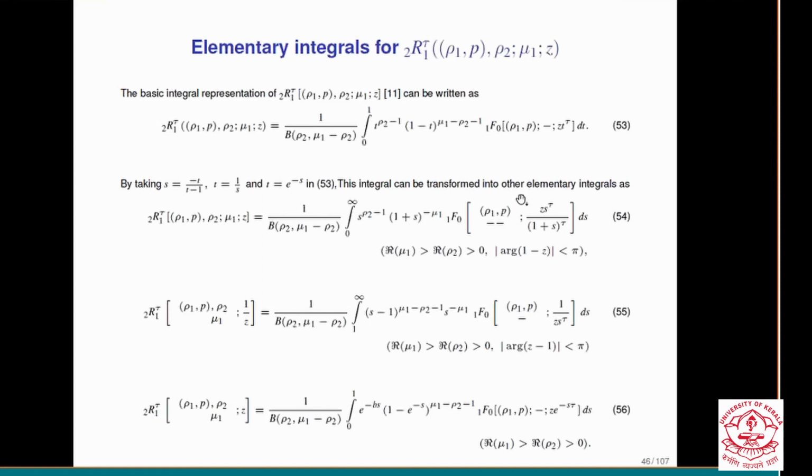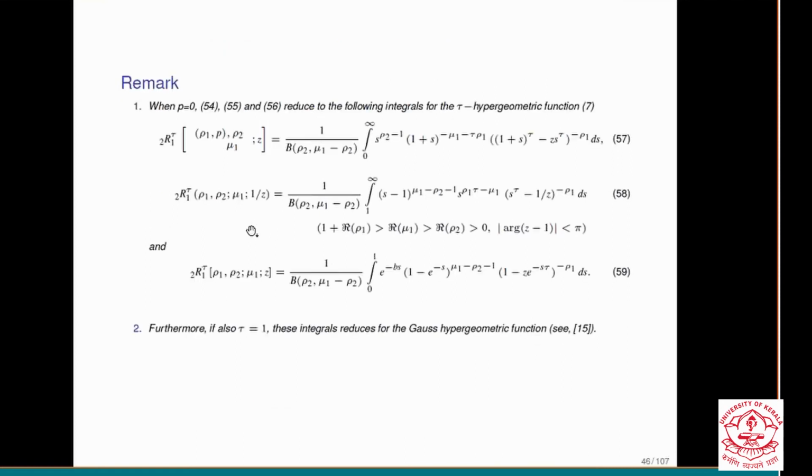This is your 54, by imposing this condition. And this is equation number 55, and equation number 56 is here. So these are elementary results for the 2R1 tau series, that is, the right-hand extended hypergeometric function.